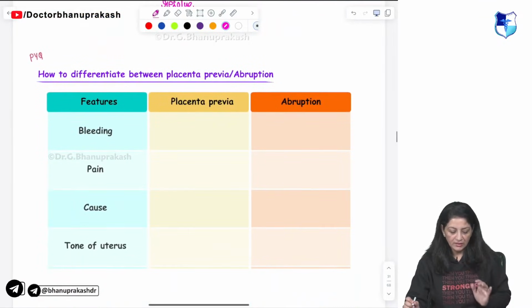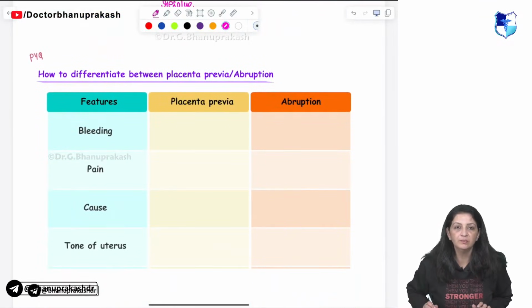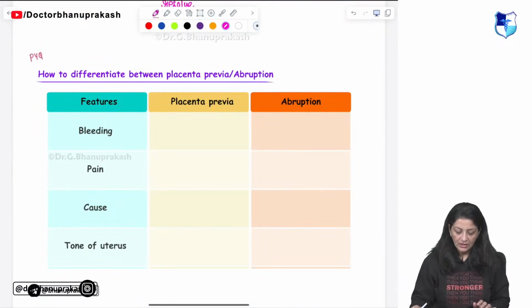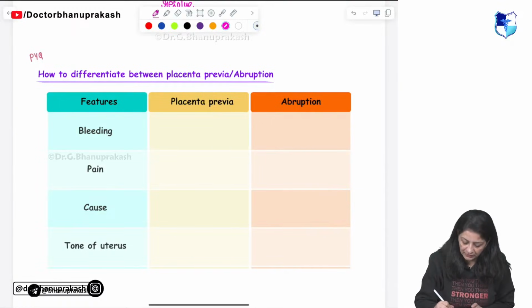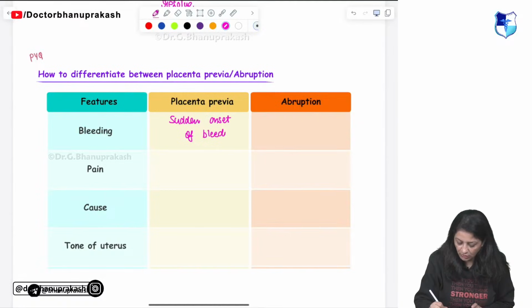This part is very important: how to differentiate between placenta previa and abruptio placenta. In placenta previa, there is sudden onset of bleeding, which is bright in color.